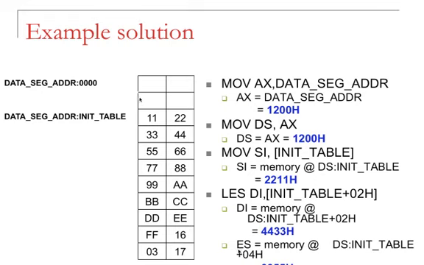That's the sequence: first load DI. Yep, that's right. So starting from this address, we're going to first load 2 bytes into DI. After that, we're going to load the next 2 bytes into ES.